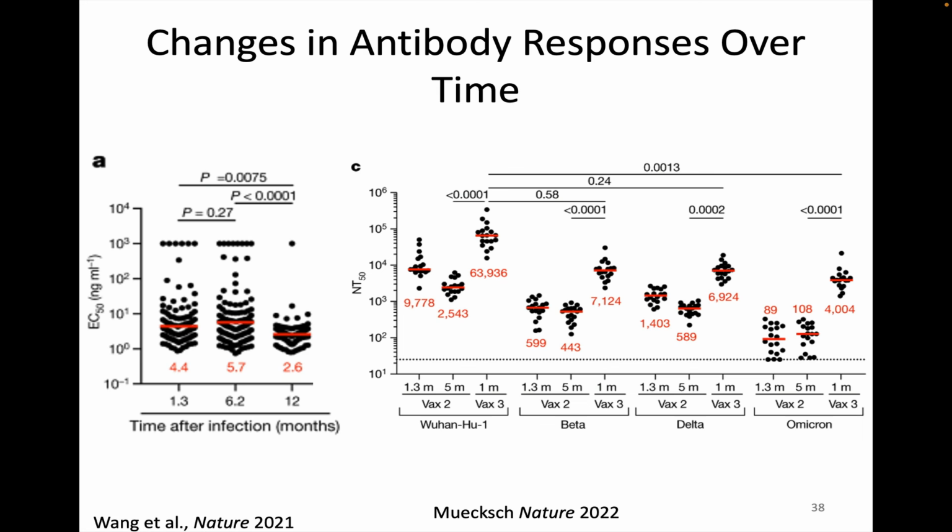Or antigen that's sort of closely matched but not quite exactly the same. And you can see now, suddenly after the boost, we get some responses to Omicron, we get some responses to Delta, we get some responses to Beta, even though those weren't in the vaccine.